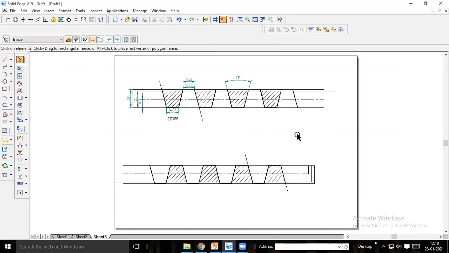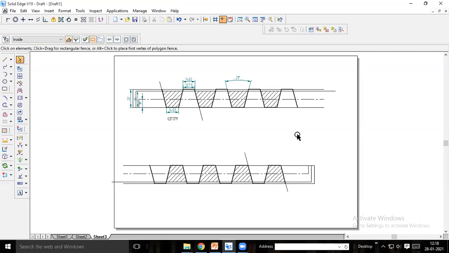So kindly practice the manual drawing of the ISO, Acme, BSW and square thread, both internal and external. That will be considered as an assignment. I will post the assignment in LMS.